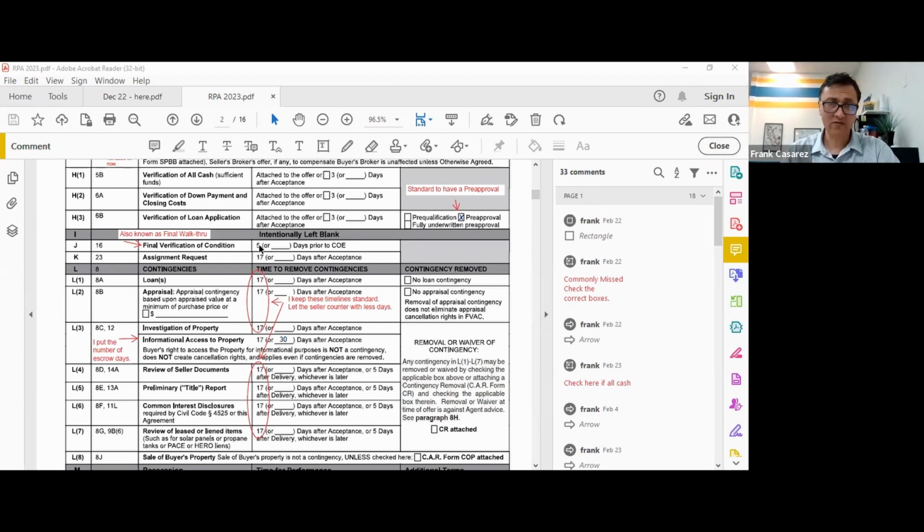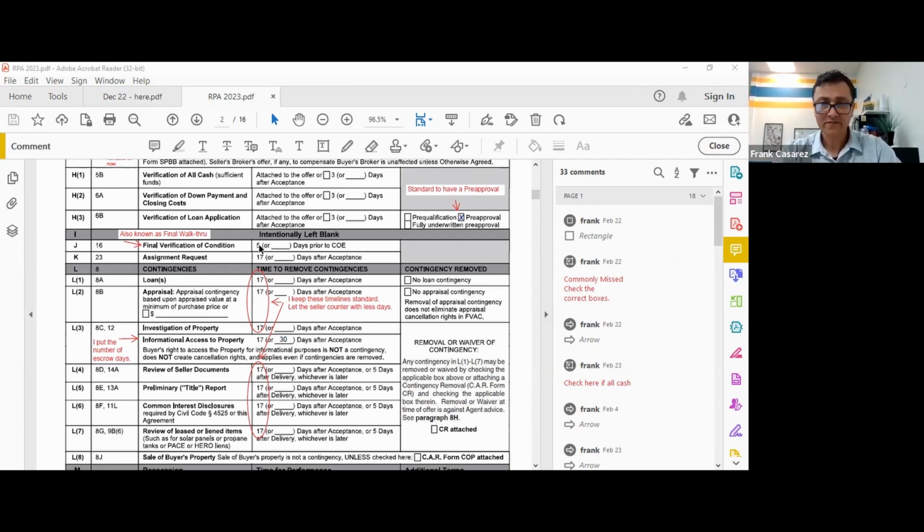Now, what is the final walkthrough? You're basically going in to make sure that things are as you last saw them. And usually your inspection may have been the last time you saw it. So let's say a few days in, you had your inspection, you were there for 2 or 3 hours and got a closer look at the property while your inspector is going around and taking a much deeper look into things.